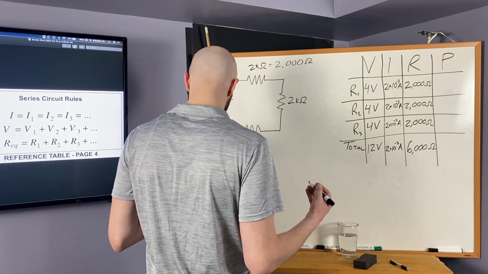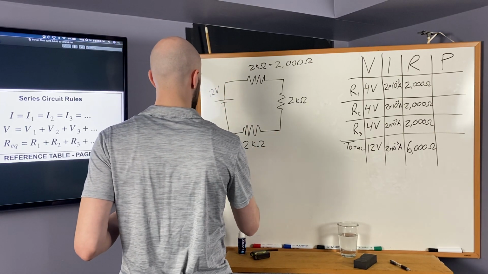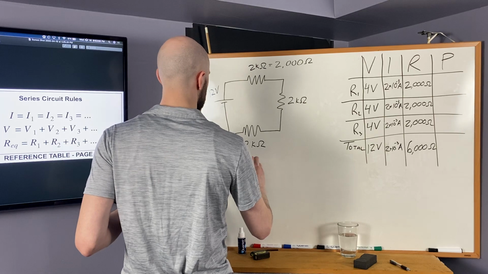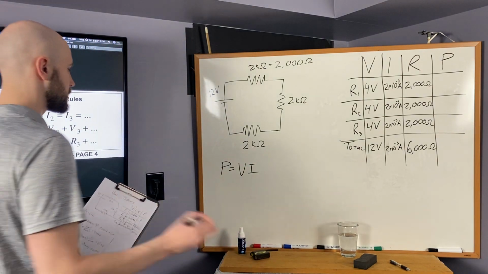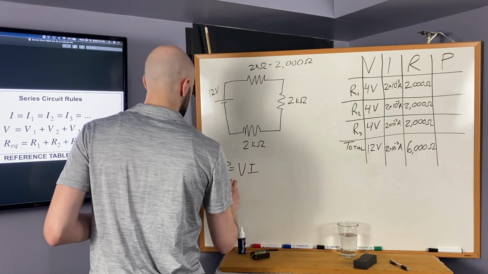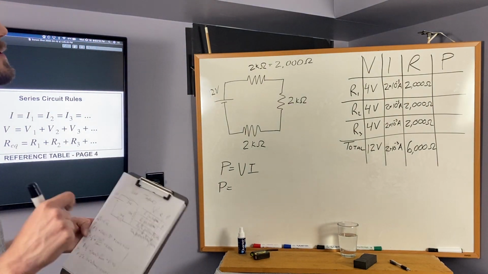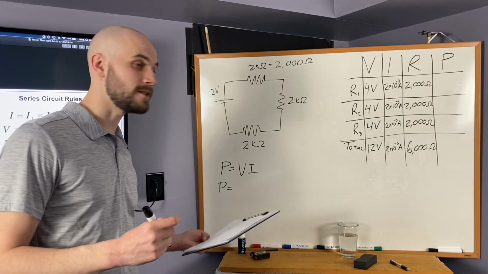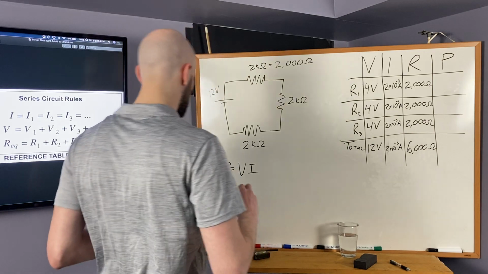Okay, now for that, let's use P is equal to V times I. If you could simply use V times I, I would recommend using that. But the other equations still hold, and you can check them. You'll always get the same answers no matter which power equation you choose to use.